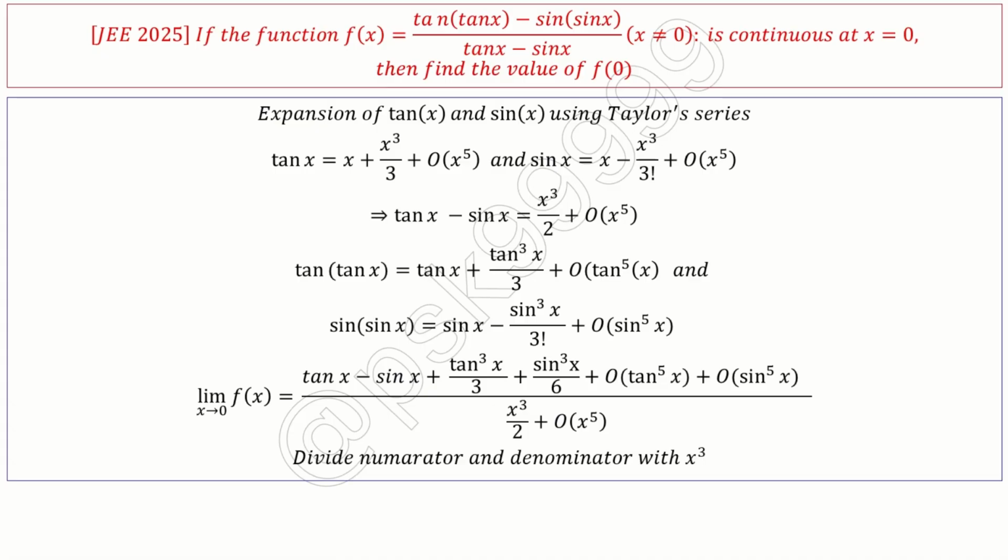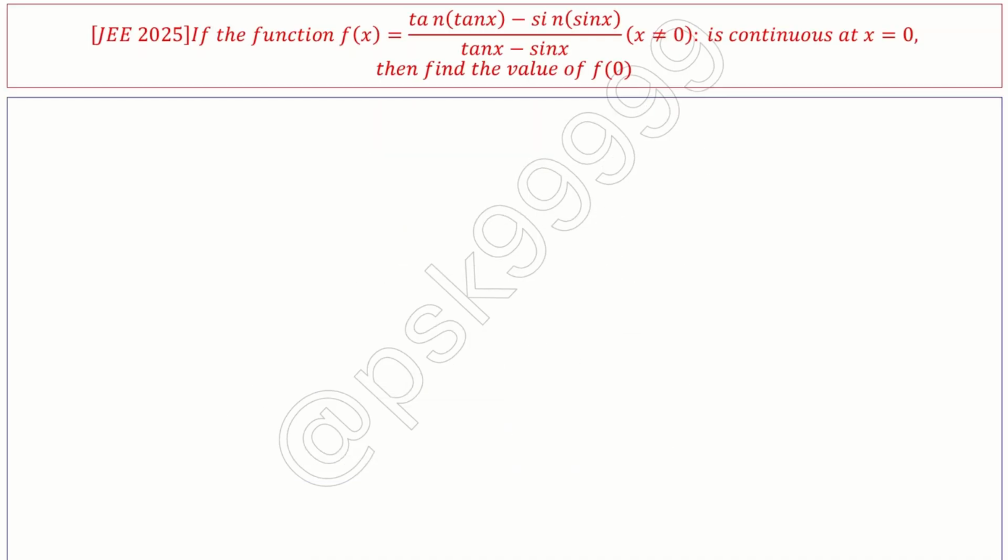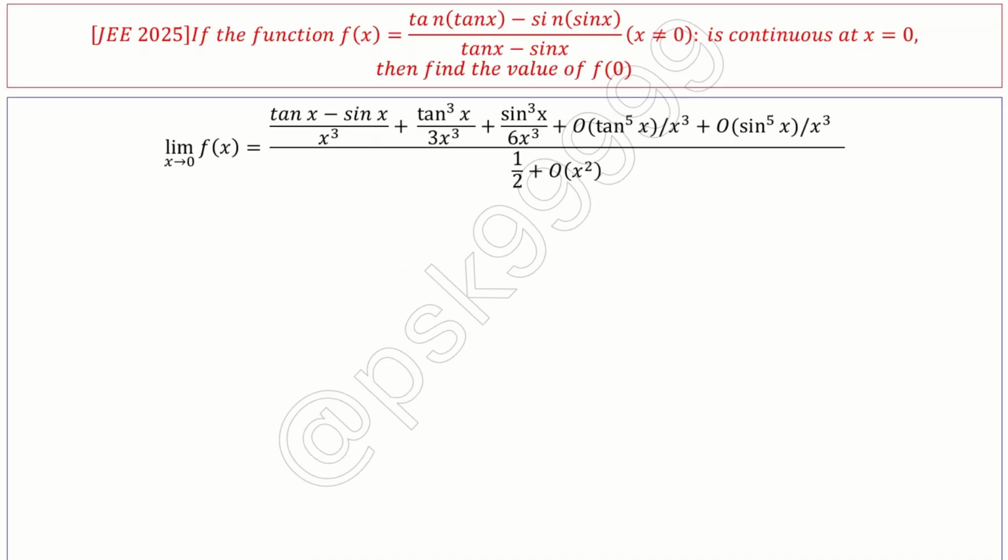Now what I'm interested in is to basically get the sin x by x or tan x by x format so that they will become non-zeros. That's the only thing I'm looking at. So divide the numerator and denominator by x cube, because x cube is the power in the denominator, correct? So when I divide, this is what it will become.